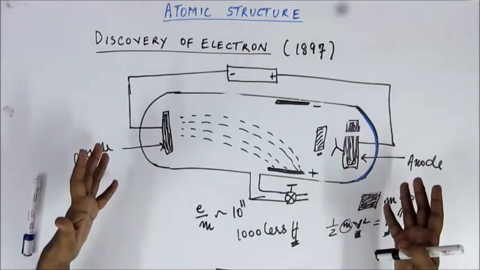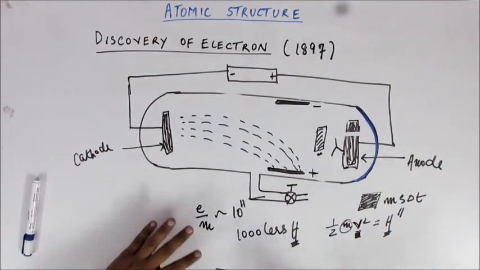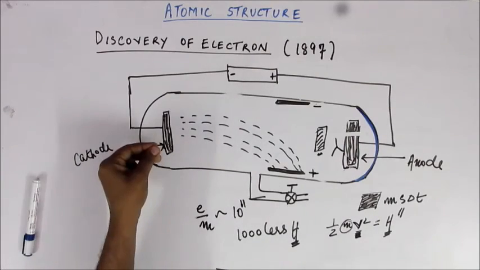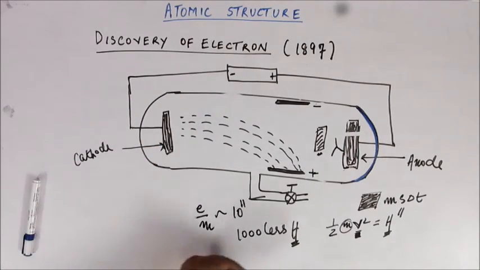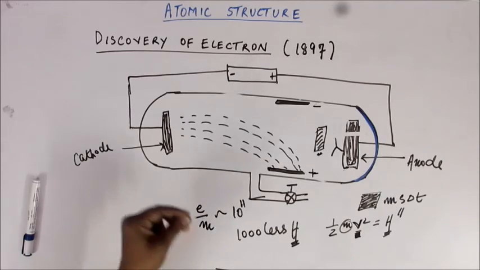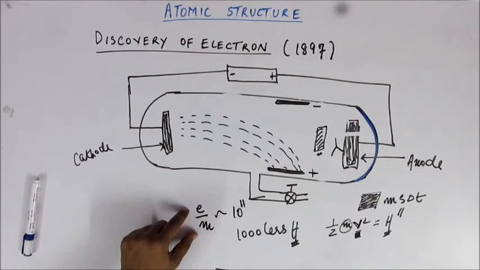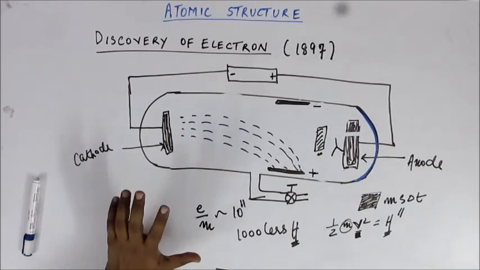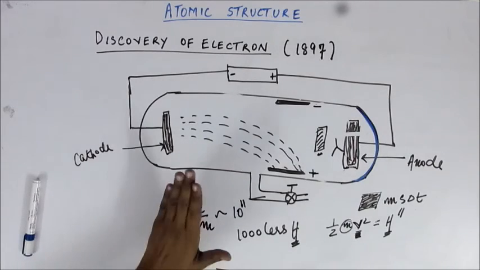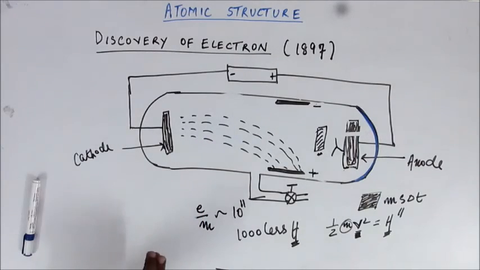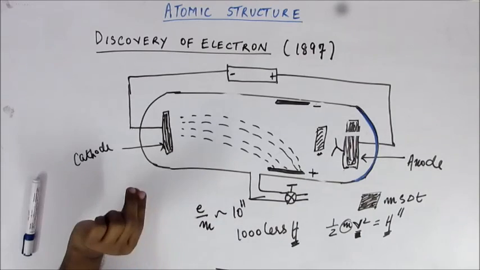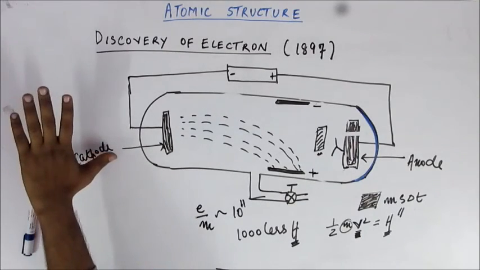You are changing the gas, but the property is not changing. That means it is exactly the same radiation. Otherwise, the e/m ratio would have changed. That means you are changing the gas, but this value is not changing. That means all the gases are made up of the same fundamental particle. That means all the atoms are made up of the same fundamental particles.